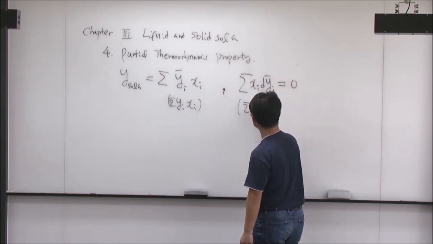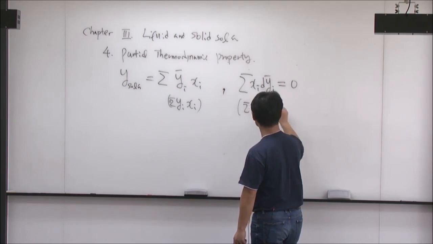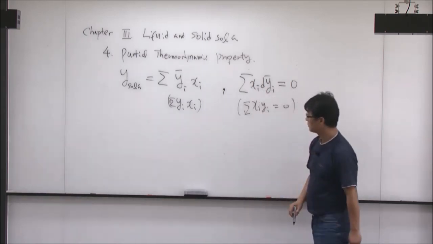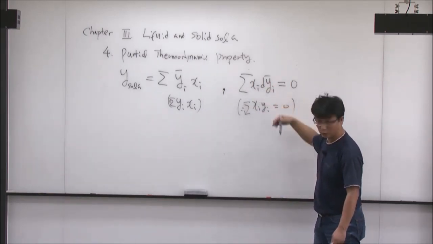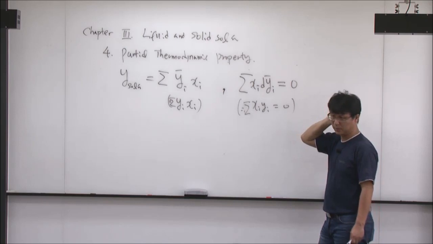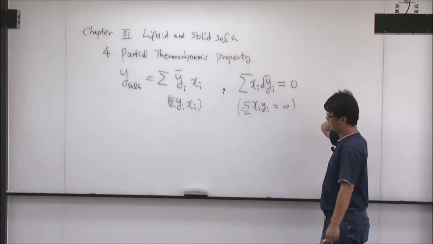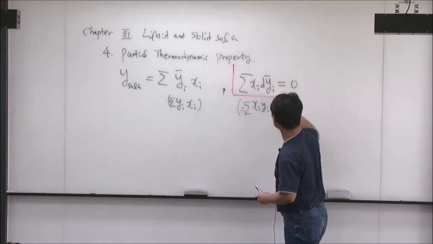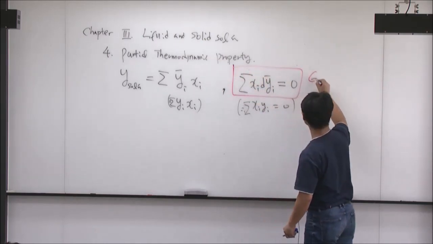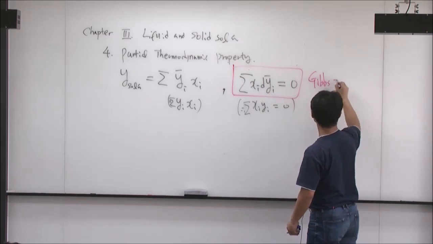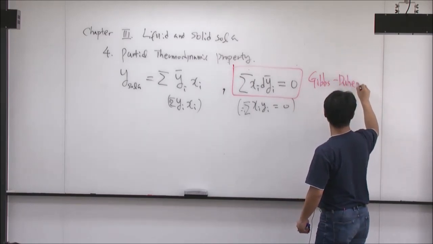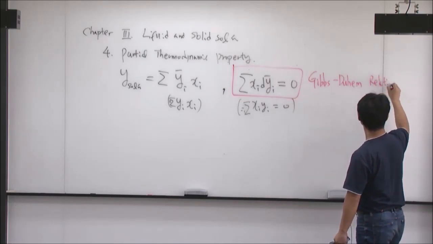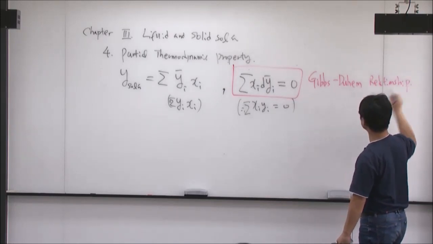Just a different symbol, okay? It has the same meaning, partial property. And especially this one, we call the Gibbs-Duhem relationship.